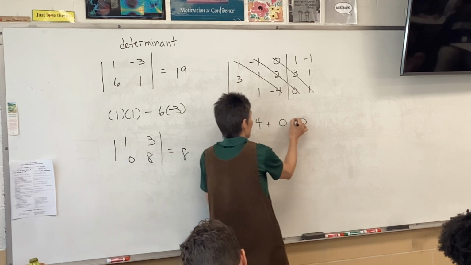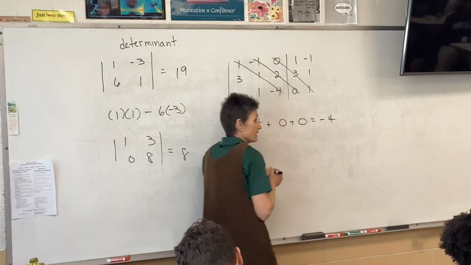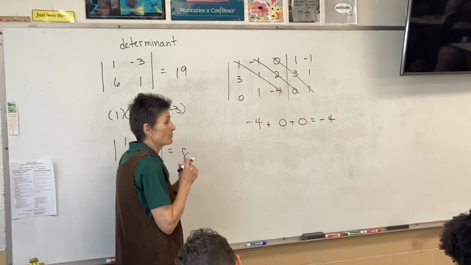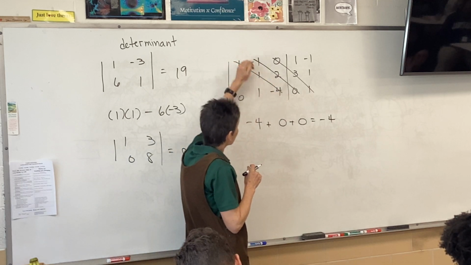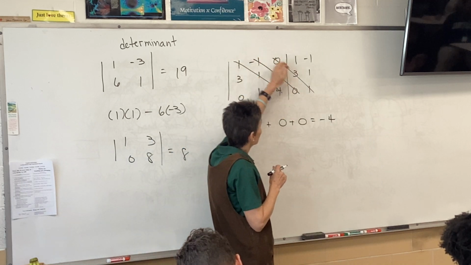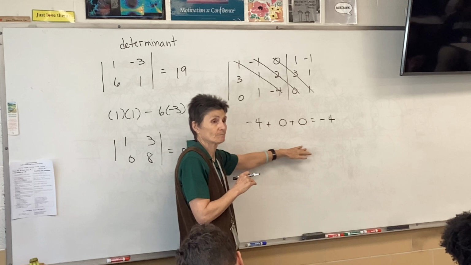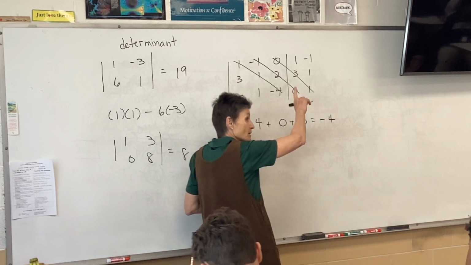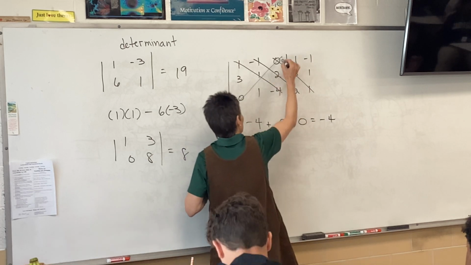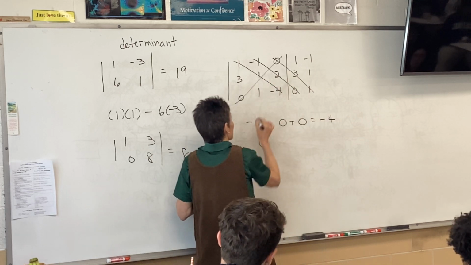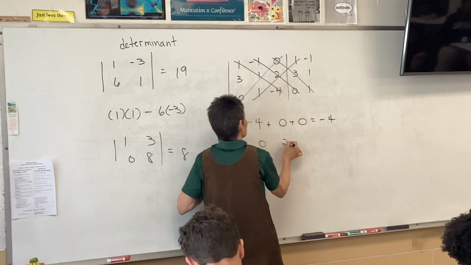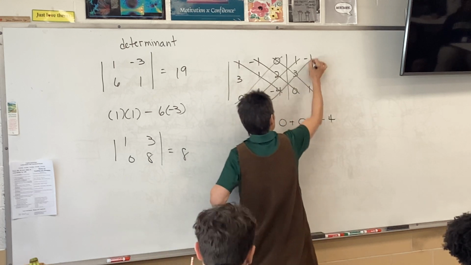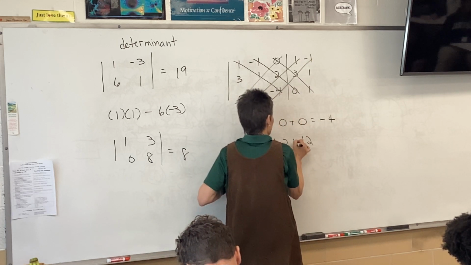And then our total goes up. And that's negative 4. So we'll multiply, multiply, multiply, add up. Then I'm going to turn around and do the same thing over here. So multiply, multiply, multiply, and add them up.